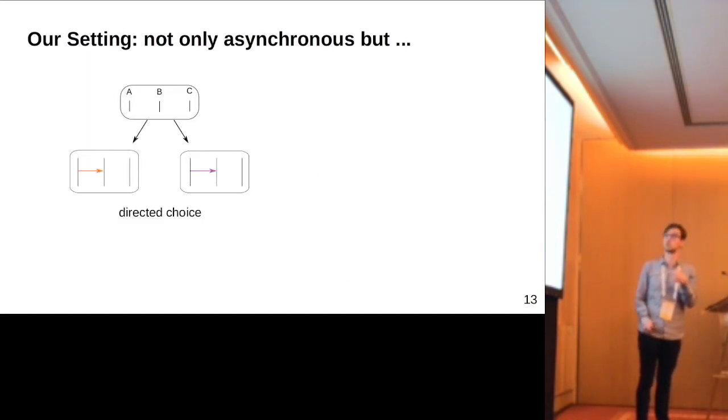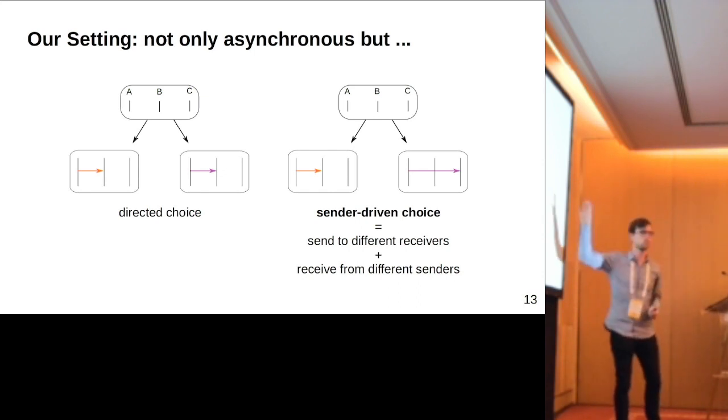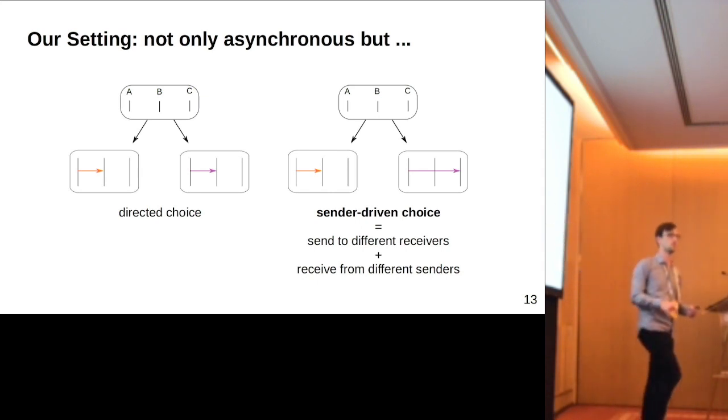In fact, our completeness result shows, because of send validity, a corollary is that you don't need mixed choice states, which usually is an assumption in MST frameworks, but we show that this is actually a reasonable assumption. So if you take any protocol which satisfies sender-driven choice, you can always implement it without mixed choice states.